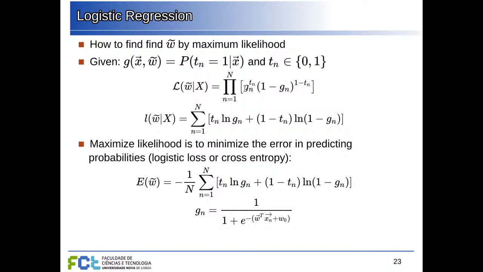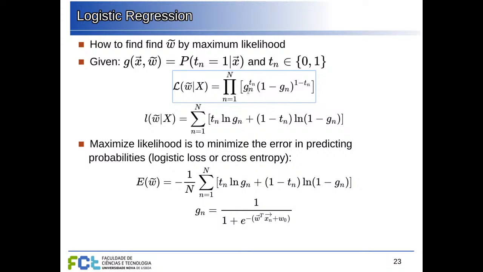For points that belong to class 1, we just use the value that the function g is giving, which is the probability of belonging to class 1. For points that belong to class 0, we use 1 minus the probability of belonging to class 1. One neat trick for doing this in just one product with all the data is to raise each of these values, g and 1 minus g, to the class or 1 minus the class.